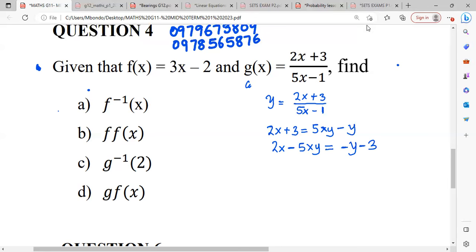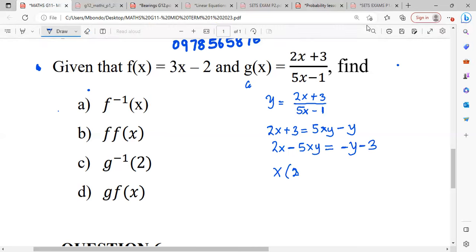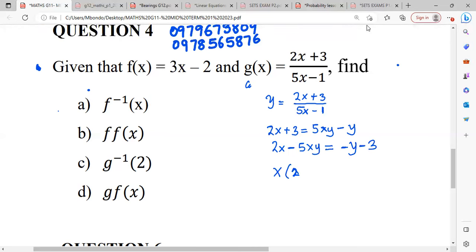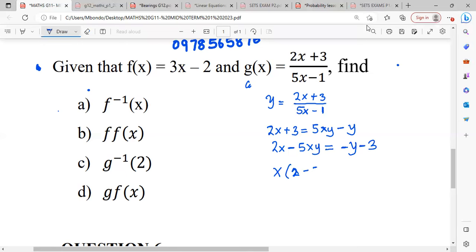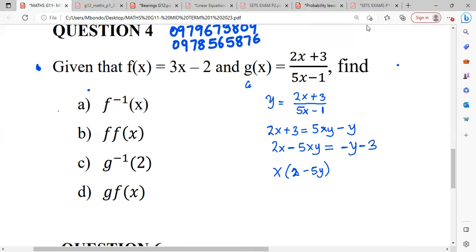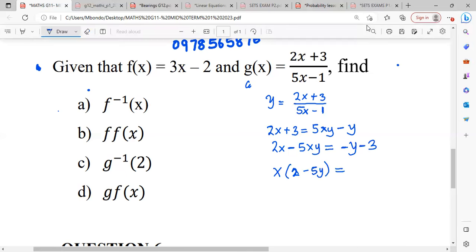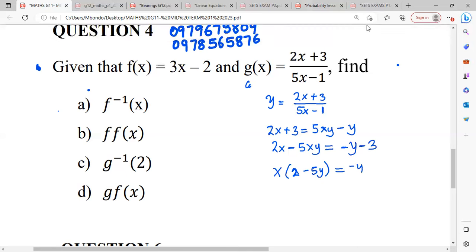So at this point, you have to factorize your x. When you factorize your x, you are going to remain with 2 minus 5y, which is equals to minus y minus 3.